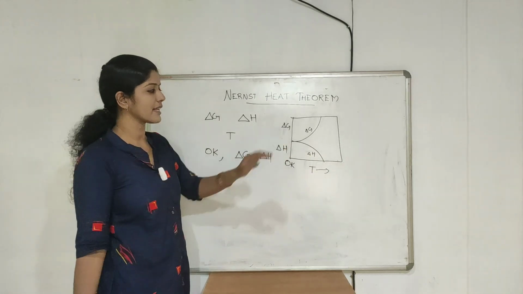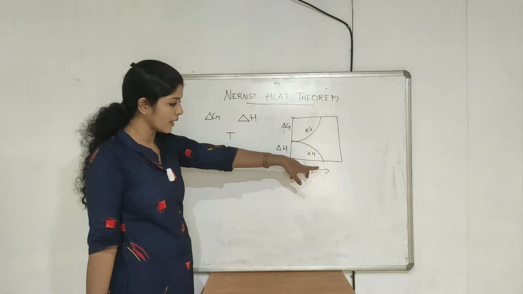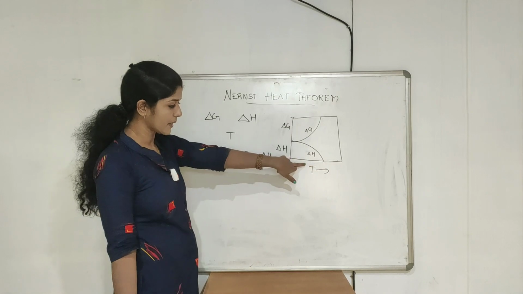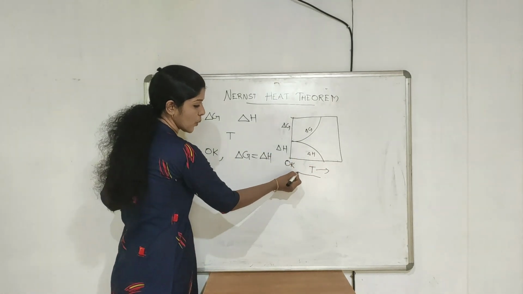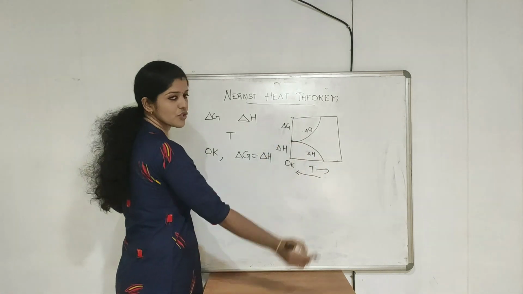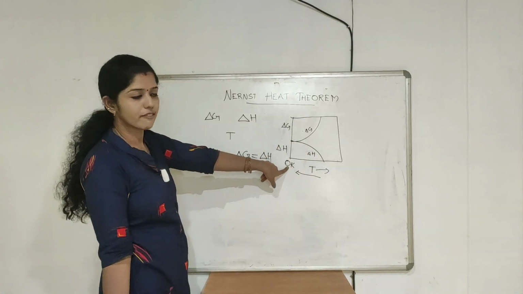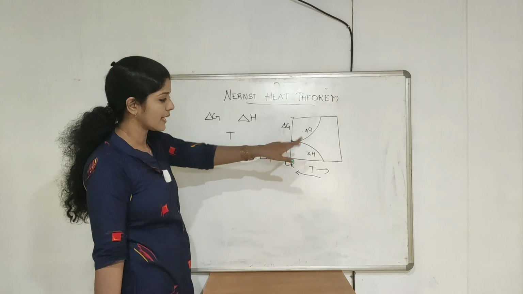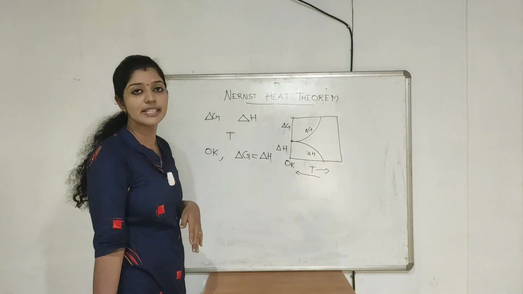Okay. So we can represent graphically, as we lower the temperature, if we move to this side, what will happen? Delta H and delta G will approach each other, and at 0 Kelvin, delta G will be equal to delta H. Okay, this is Nernst heat theorem.